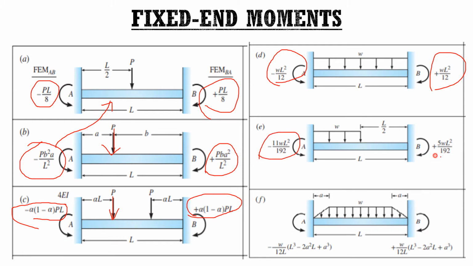So kindly explore all of these, guys. These fixed end moments, like the WL squared over 12, can be obtained using the moment area method. So from your Theory 1 or Strength of Materials, review it, guys, so that you will see it, rather than just be caught off guard in a quiz or exam. So try to derive these fixed end moments.